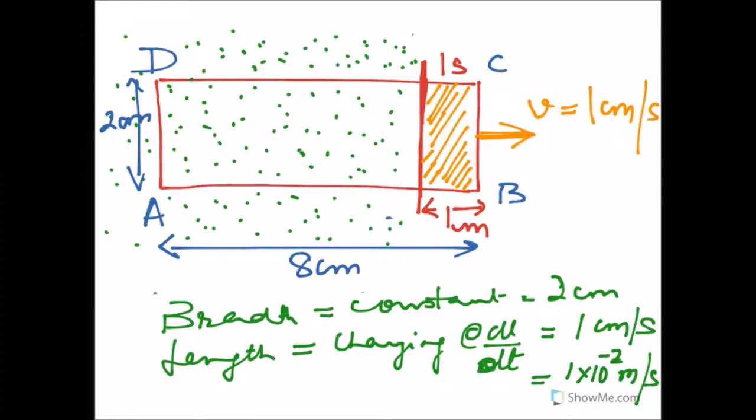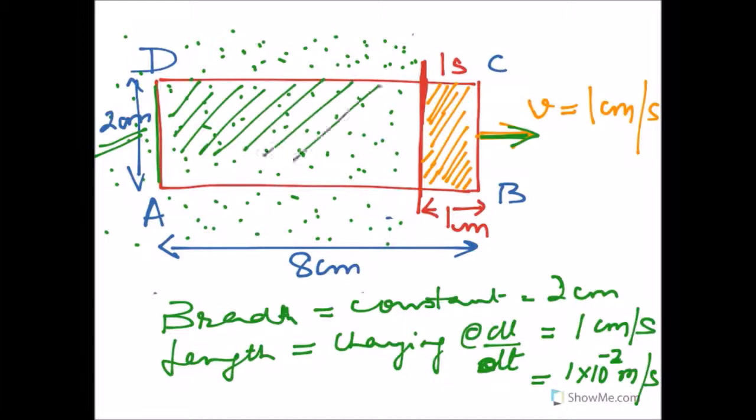So as this loop is pulled out in this direction, the breadth remains constant at 2 centimeter, but the length keeps on reducing. The length of the area that encloses the magnetic flux. So to start with, the entire area was enclosing the flux.